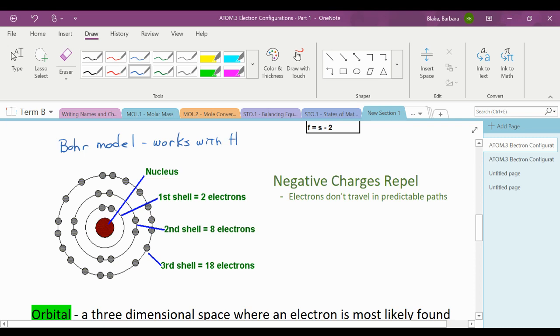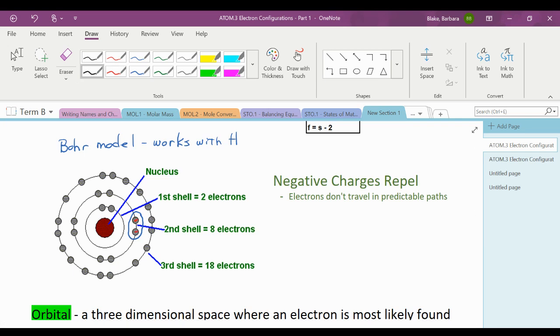If you look at the drawing of Bohr's model, we're going to see where the problem comes into play. Because if in Bohr's model I have these electrons going on this cute little planetary path, what happens to this electron, because it's negative, when it meets up with this electron when it's negative?